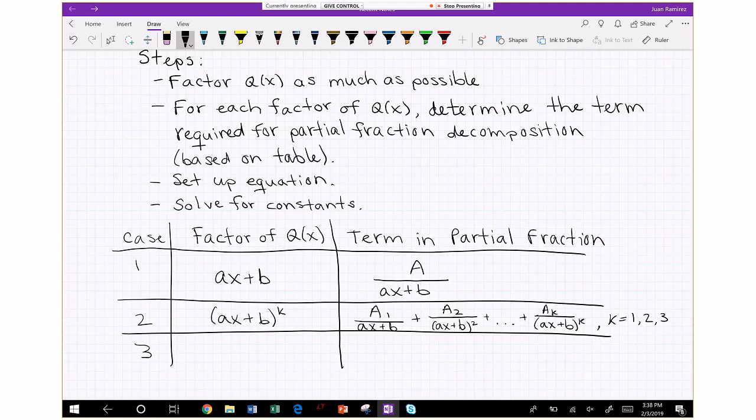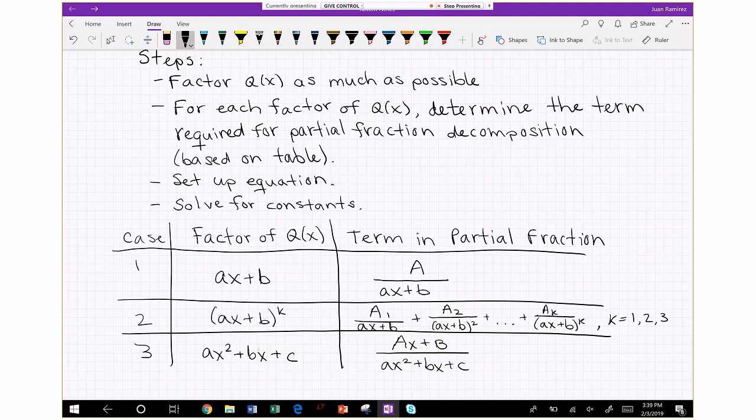Okay, let's look at the third case, which is ax squared plus bx plus c. When you have a factor like that, the associated term is Ax plus B all over ax squared plus bx plus c.